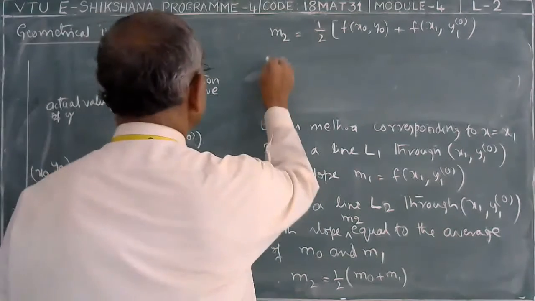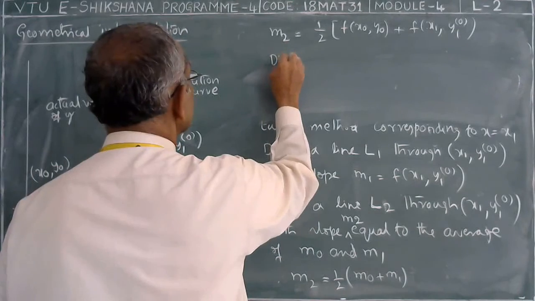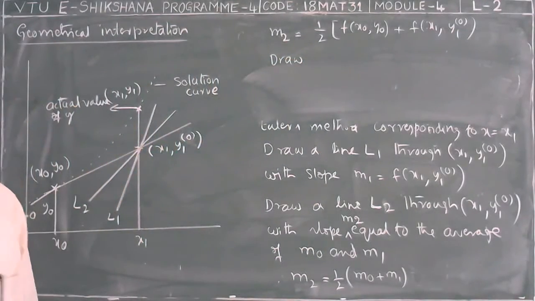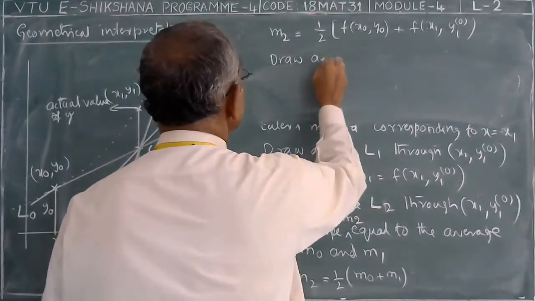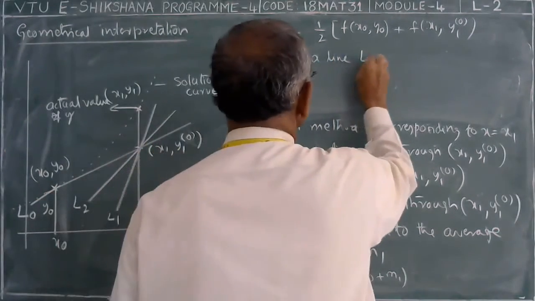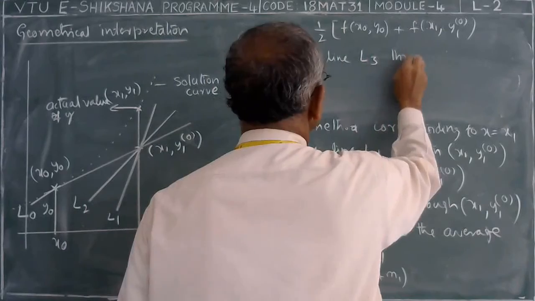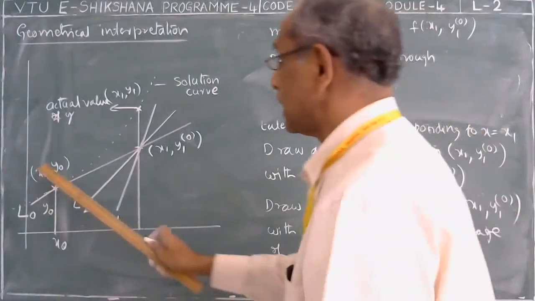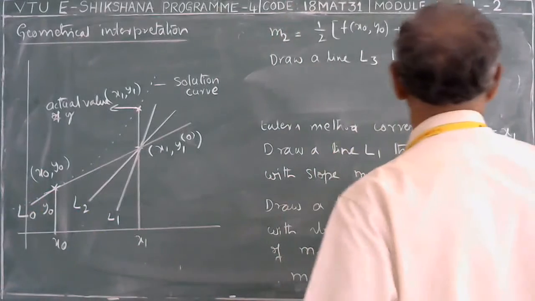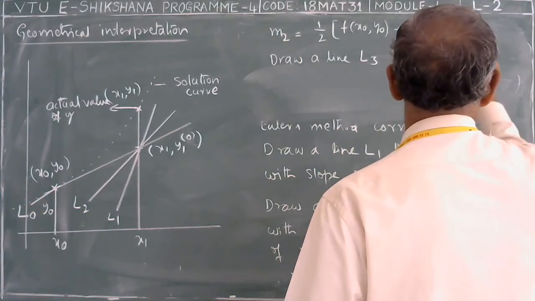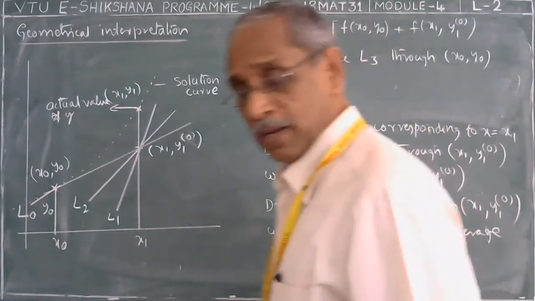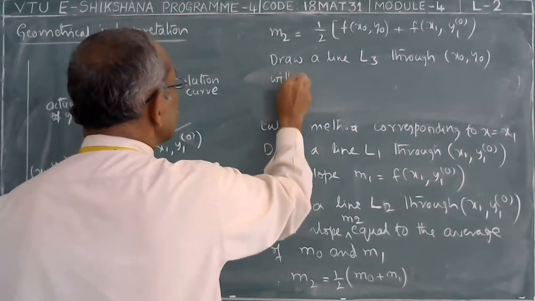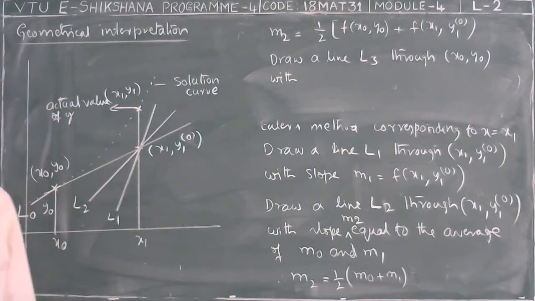Now, draw a line L3 through x0 y0, through this point, with the slope equal to m2.